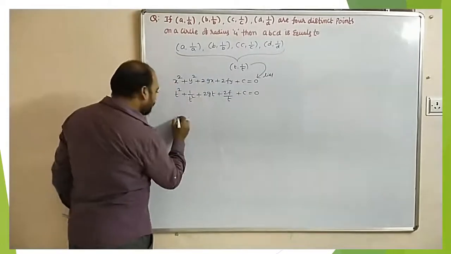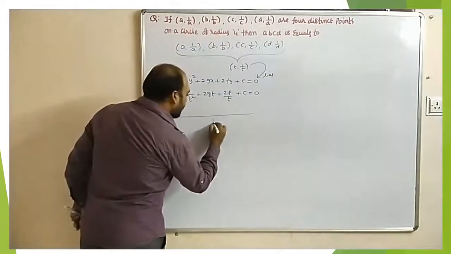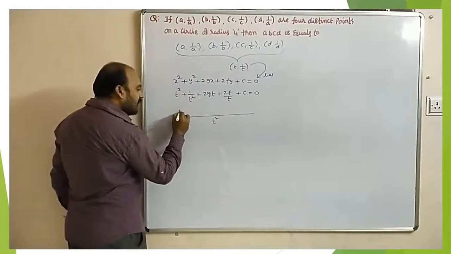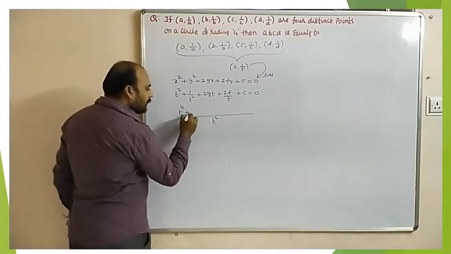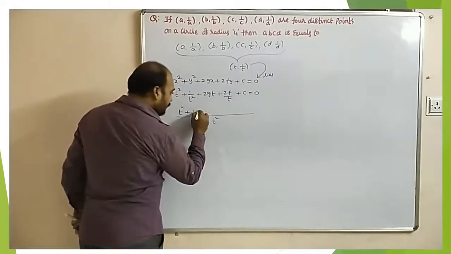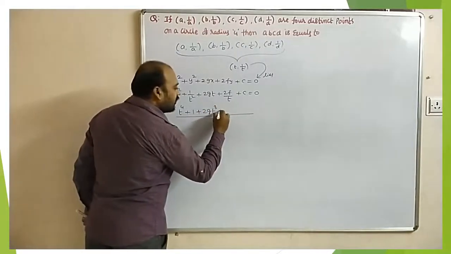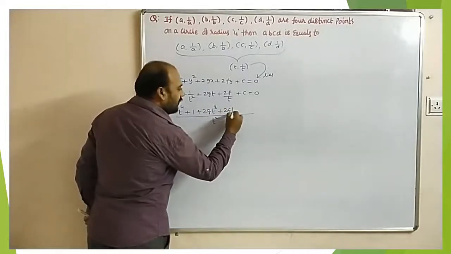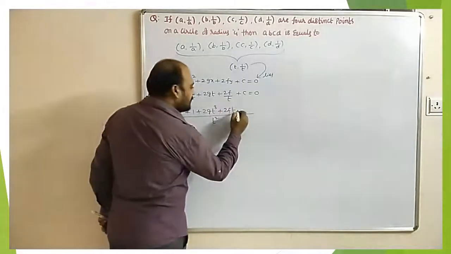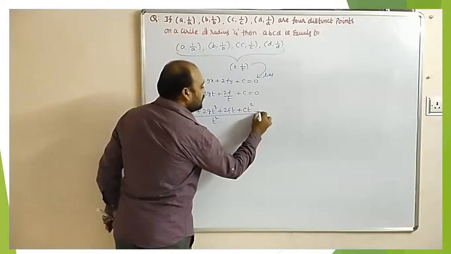By taking the LCM, t square, it becomes t power 4 plus 1 plus 2g t cube plus 2f t plus c t square equal to 0.